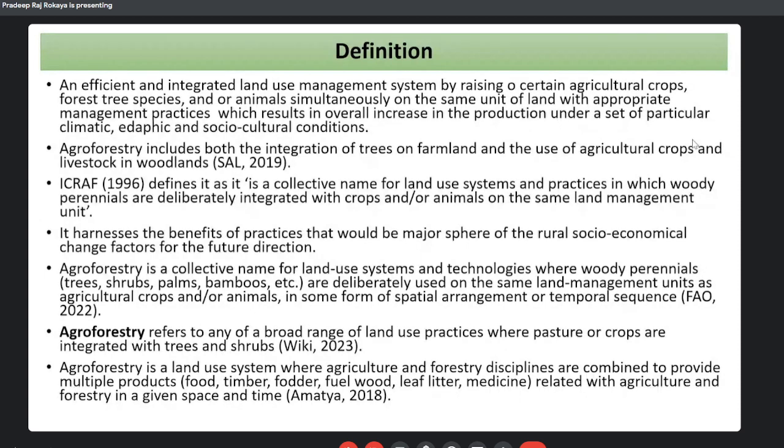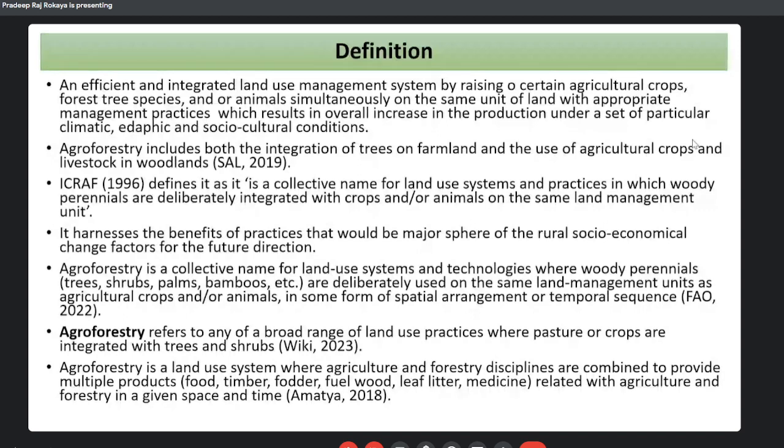That means, what are spatial arrangement and temporal sequence? We will come to that later, but very simply, spatial means the spacing, according to the place, managing the place, and temporal means managing time, that is the sequence order.